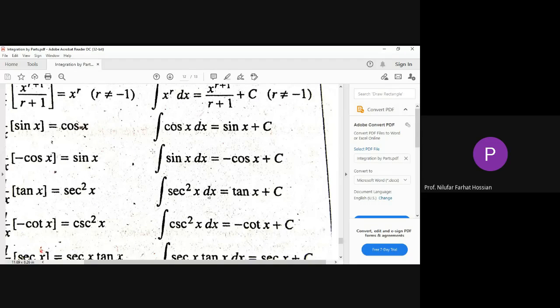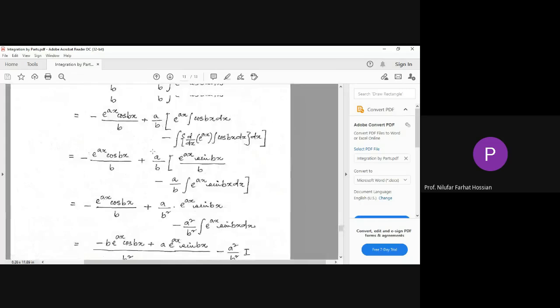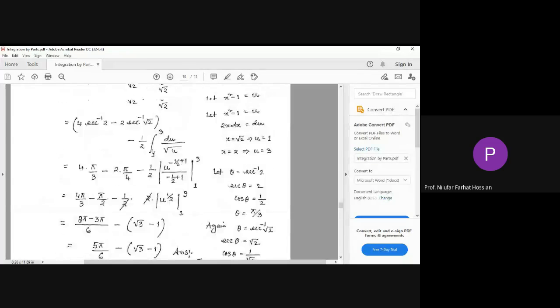If you do a lot of math on this differentiation and integration, they will be in your memory. So don't try to memorize by repeating the results repeatedly. It is not the way to memorize it.